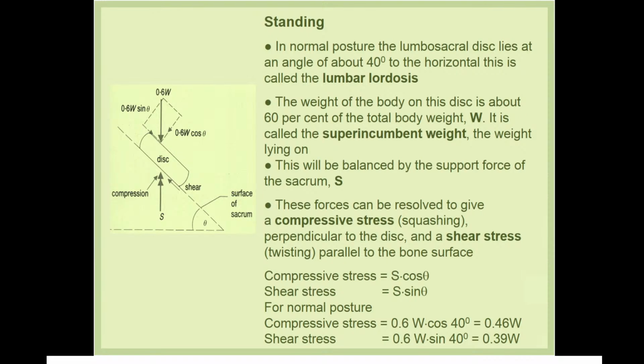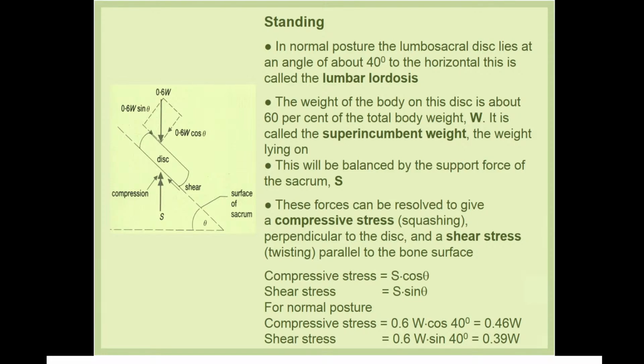It is called superincumbent weight, the weight lying on. This will be balanced by the support force of the sacrum S. You can see that this 60% of the body weight is balanced by the support sacrum force.